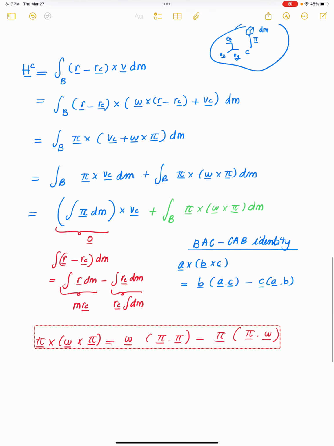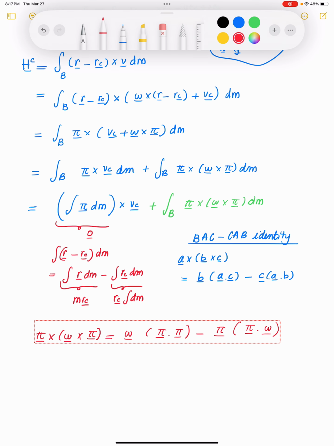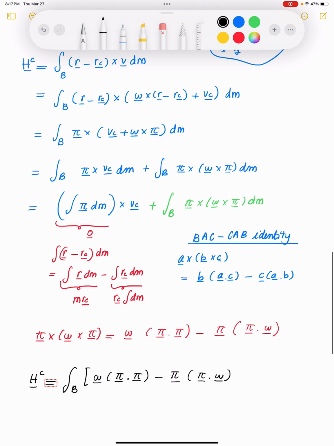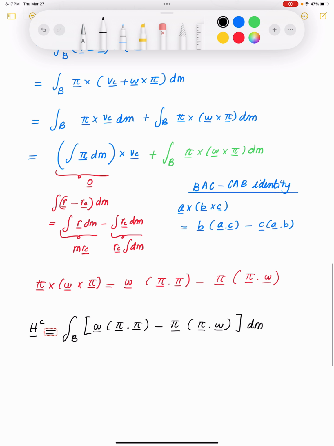So now hc becomes the integral over the body of omega times pi dot pi minus pi times pi dot omega, dm.